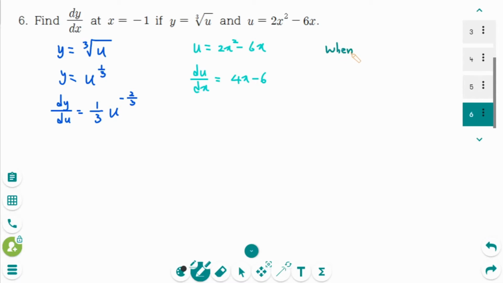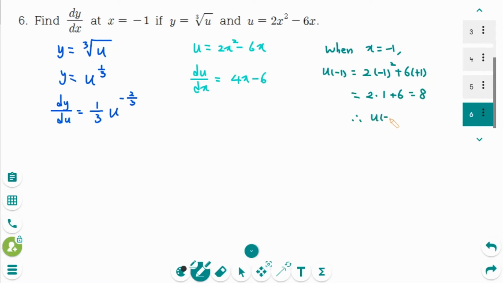And when x equals minus 1, u of minus 1 equals 2 times minus 1 squared minus 6 times minus 1. 2 times 1 makes positive, plus 6, which is 8.